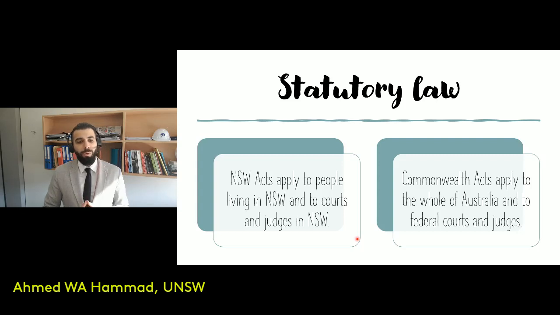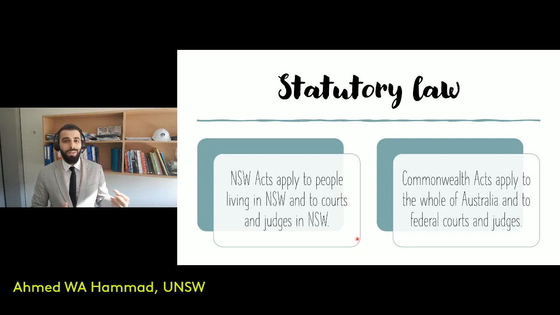Now, I'll give an example over here to differentiate between state law and Commonwealth law when it comes to statutory law. So in New South Wales, we've got an act. That act or that legislation usually applies to people that live in New South Wales only. So we're not concerned about people that live in Victoria.